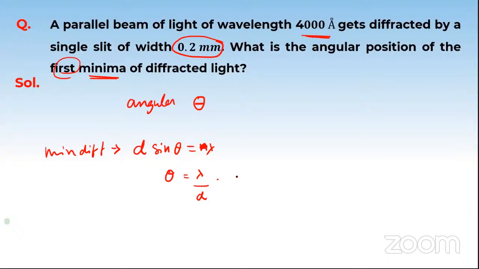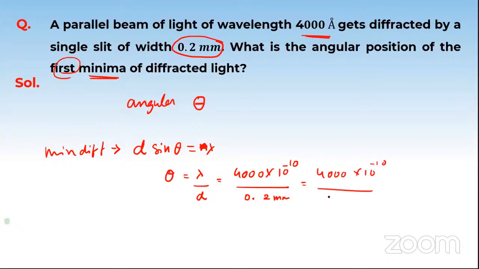Therefore, the wavelength is 4000 Angstrom, that is 4000 into 10 raised to minus 10, divided by the slit width, which is 0.2 millimeter, or 2 into 10 raised to minus 4. I can cancel zeros here, and I get 2.